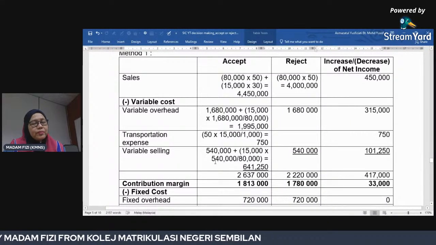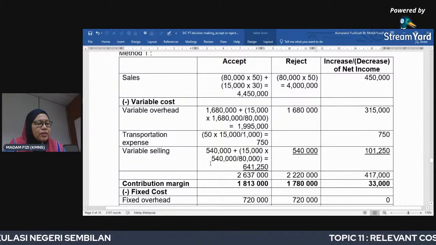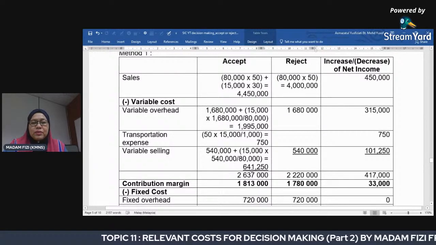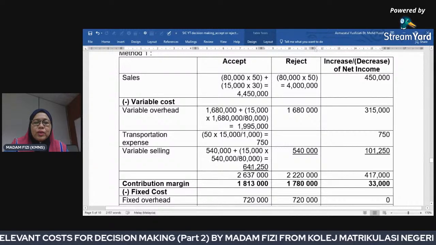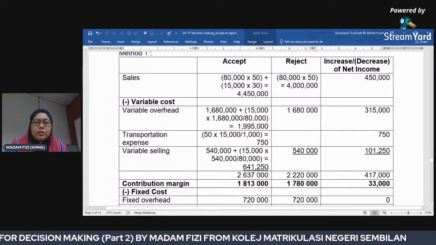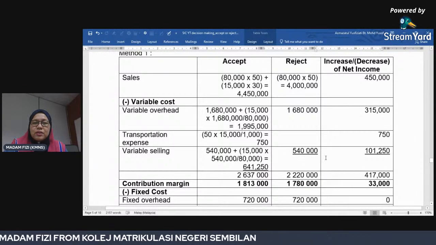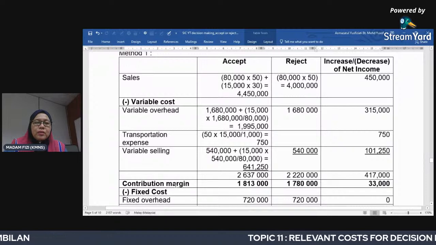So how to get the cost per unit? 540,000 divided by 80,000. You get 6 ringgit and 75 cents. So the total of variable selling is 641,250 ringgit. So the difference is 101,250.